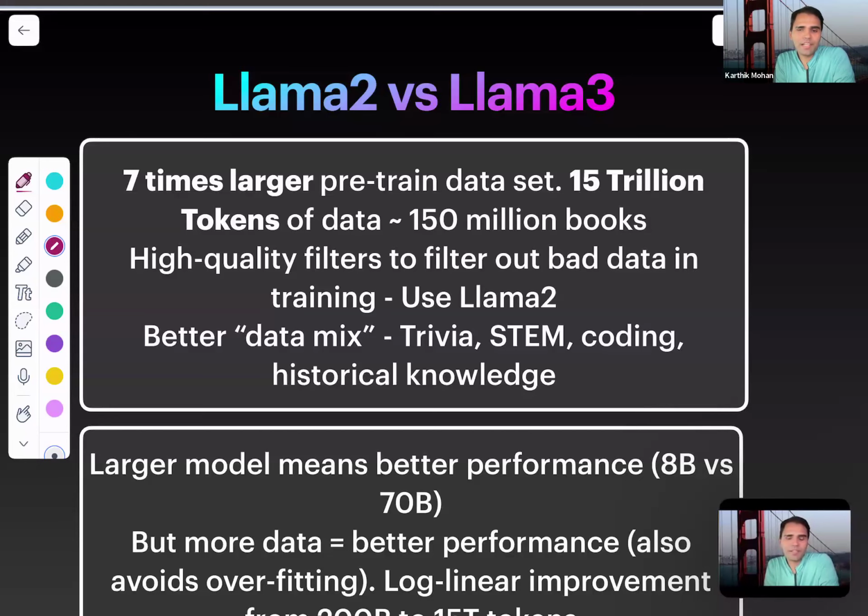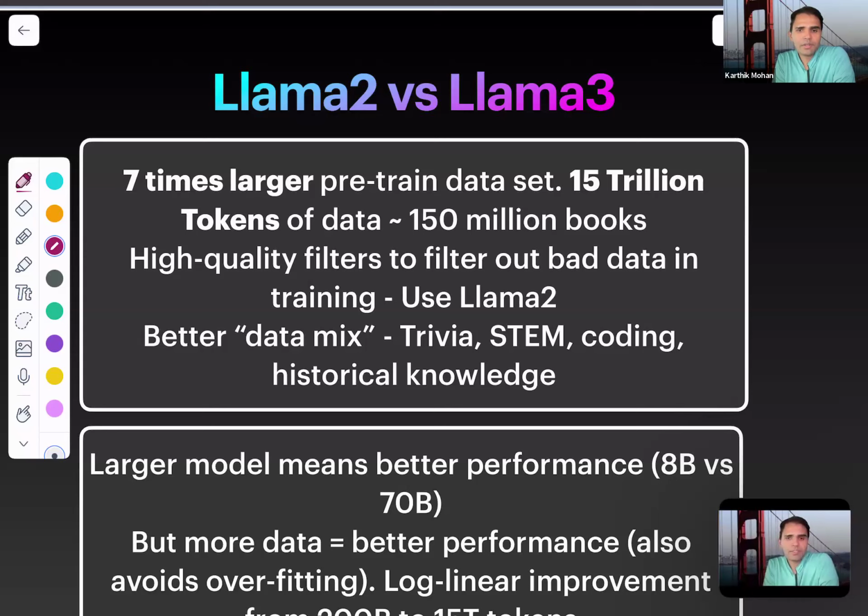But here, Llama 2 is leveraged for the specific task of a quality filter classifier to say, this data I extracted from the web, is it high quality or not? If it is, then I will add it to the training data pool. If not, I will not. So it's a reverse distillation. You go from Llama 2 to Llama 3 to help understand the quality aspects of the data.